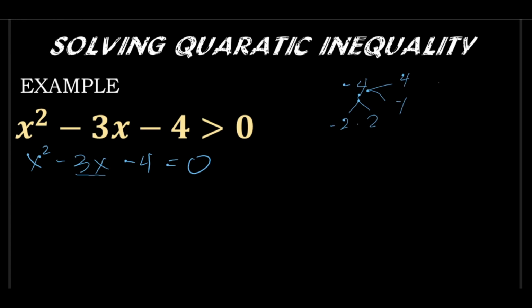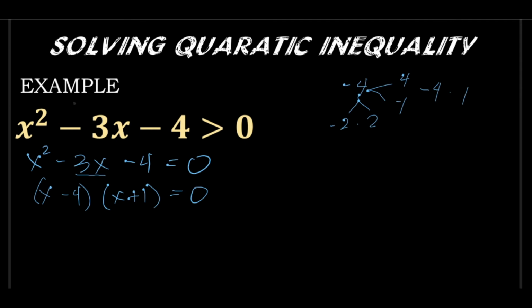So, meaning, 4 times 1 yan, and negative si 4. Bakit? Kasi, kapag inadd natin yan, magsusubtract tayo, then copy the sign of the biggest number, which is 4, and the sign is negative. So, x minus 4 and x plus 1. So, ito ngayon yung magiging factor natin dito.